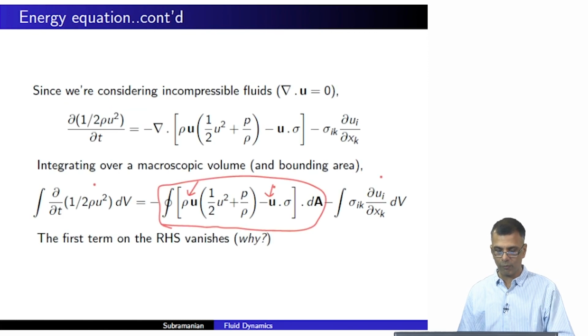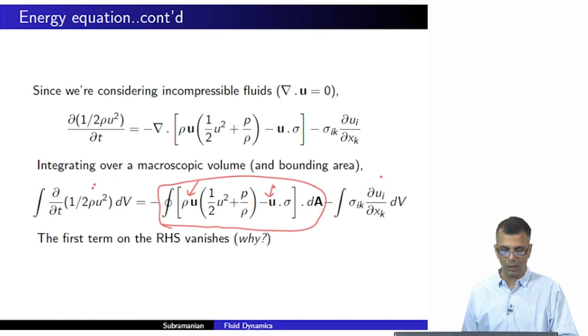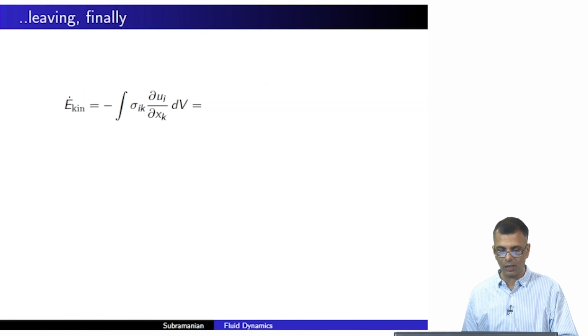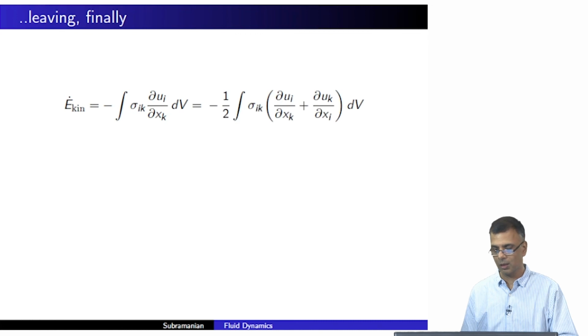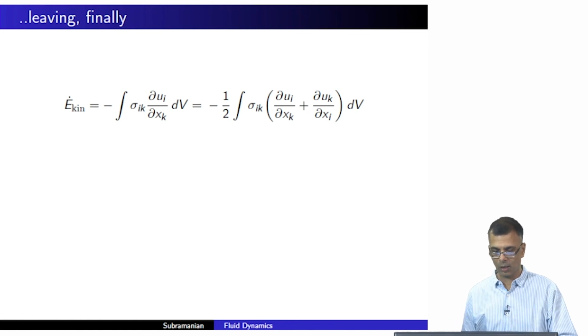Therefore, what I finally have is E dot kinetic. This is the kinetic energy density, isn't it? And E dot kinetic, in other words the time derivative of the kinetic energy density, is equal to this quantity integrated over volume, simply substituting for this.